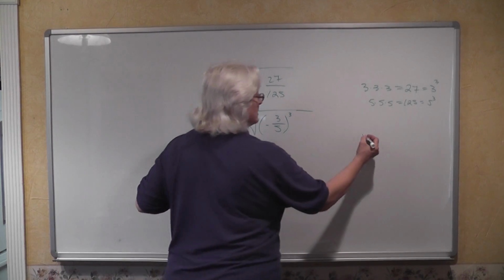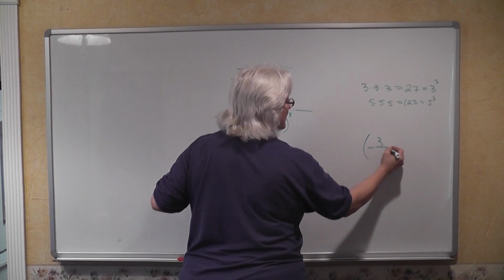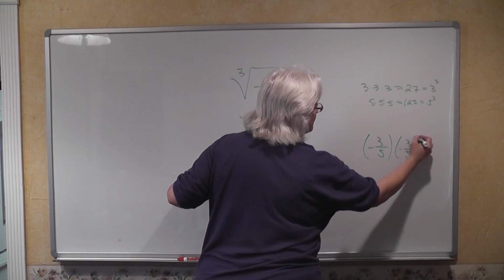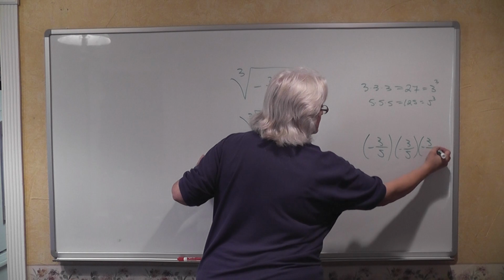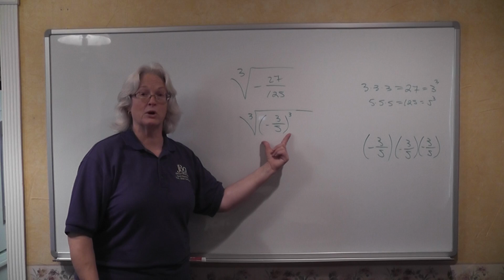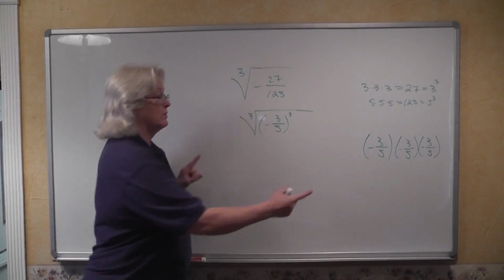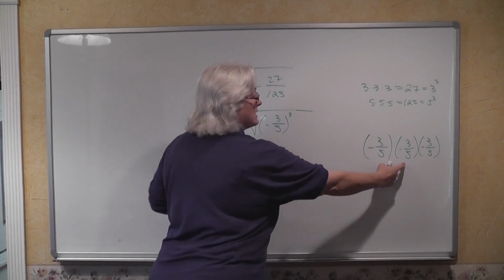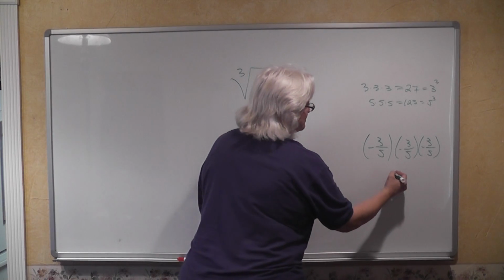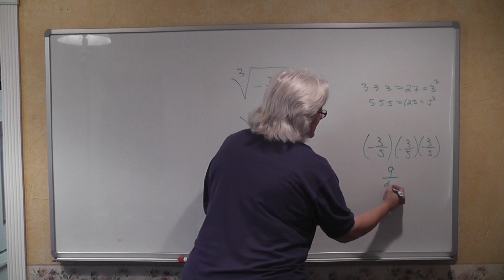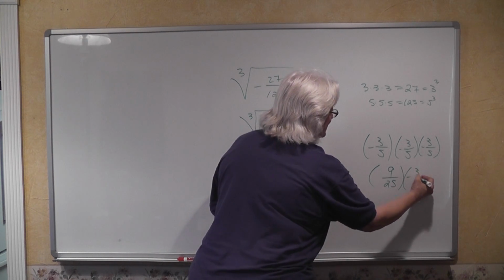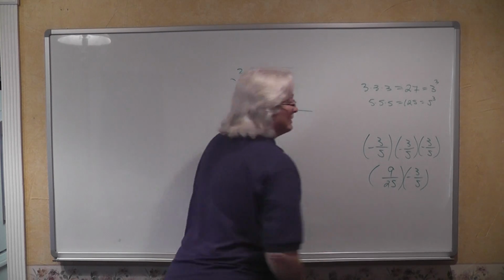What do I mean by that? Let's look at this. Negative 3/5 times a negative 3/5 times a negative 3/5. That's what this expression here means. When you multiply a negative times a negative, you have a positive, don't you? 3 times 3 is 9. 5 times 5 is 25. So now you have 9/25 times a negative 3/5.